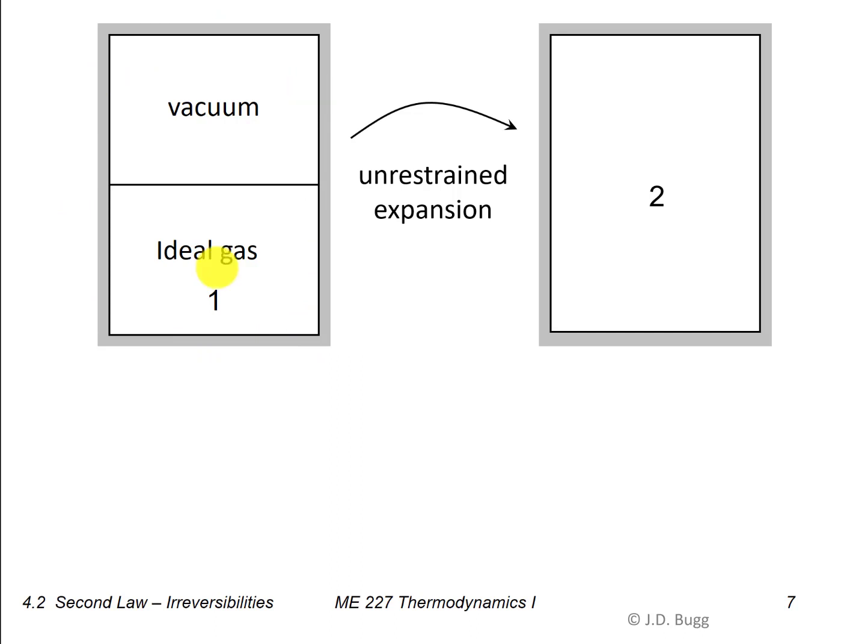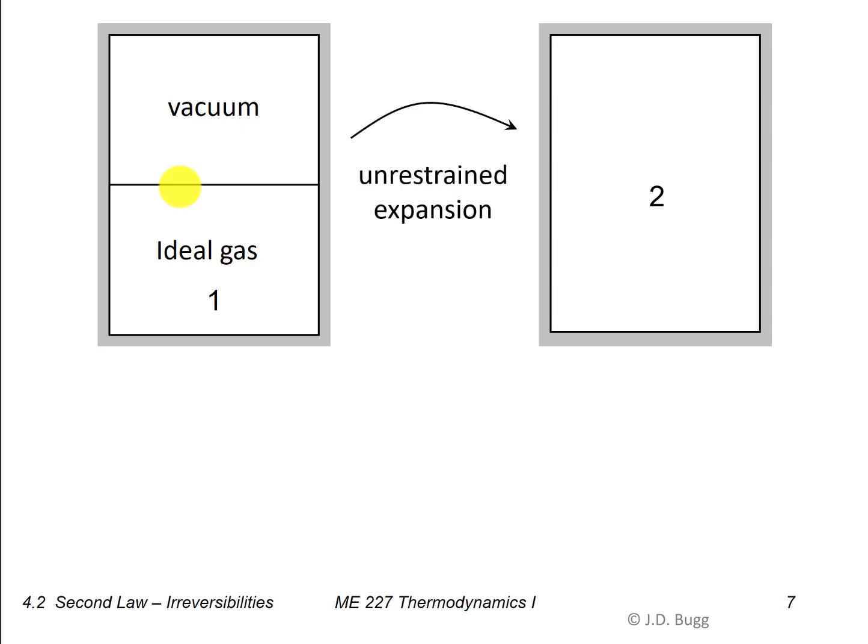So this gas undergoes what is called an unrestrained expansion from state 1 to state 2. And the way we achieve that unrestrained expansion here is that this divider or diaphragm is just suddenly removed, just disappears. Perhaps it just ruptures or it gets yanked out or something, but it's just suddenly gone.